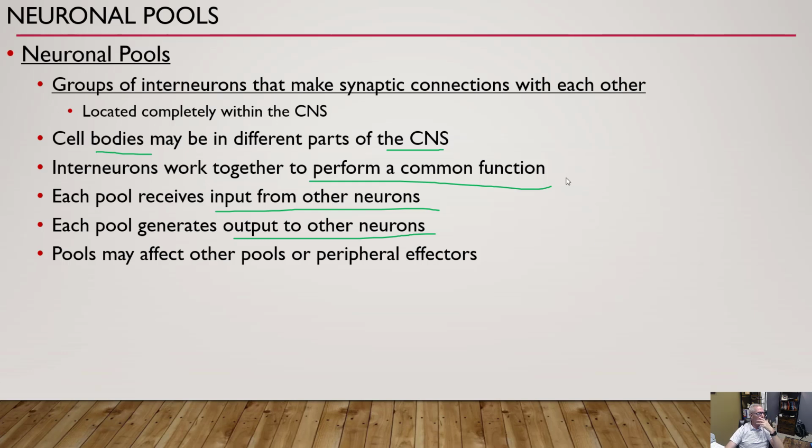We're not really going to talk much about neuronal pools, so just know the definition: groups of interneurons within the central nervous system. That should be the key for interneurons, because interneurons really are only within the central nervous system.